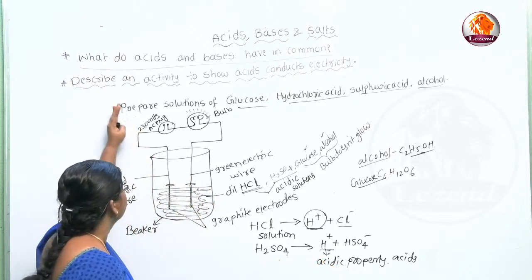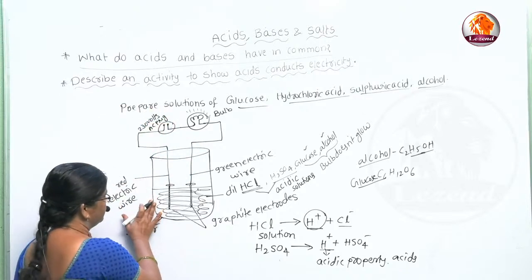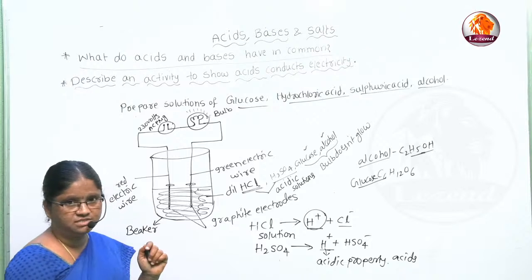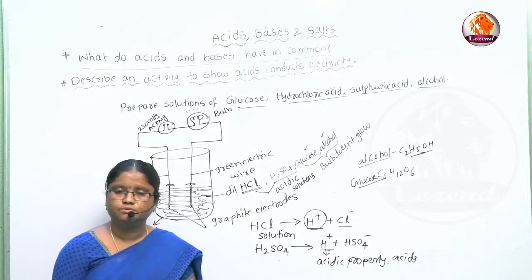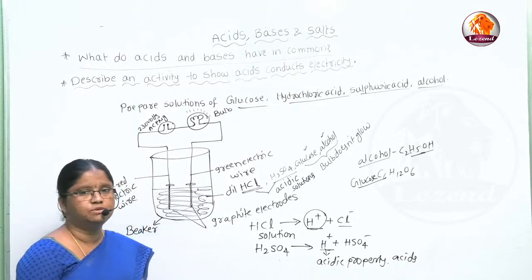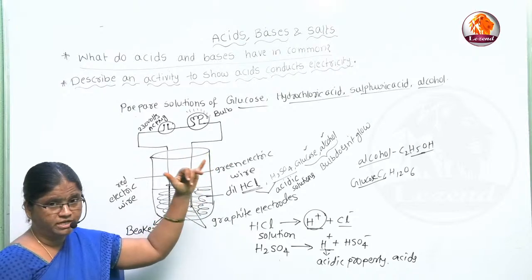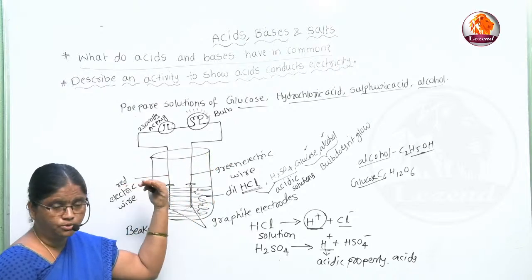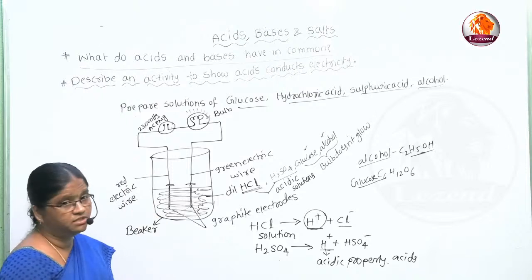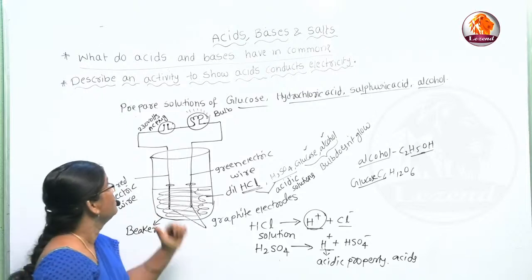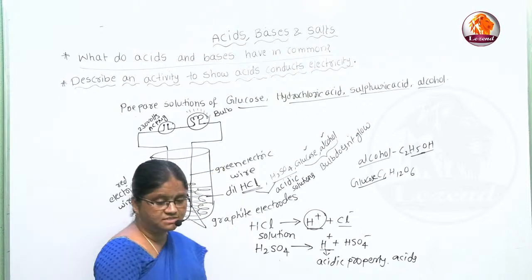From this activity they will ask questions in different ways. They will ask you to draw the diagram to show that acids conduct electricity, or to write the materials required to show that acids conduct electricity. Also, for 2 marks, they may ask what element is common in acids and how you prove it, or to describe an activity to show that acids conduct electricity.